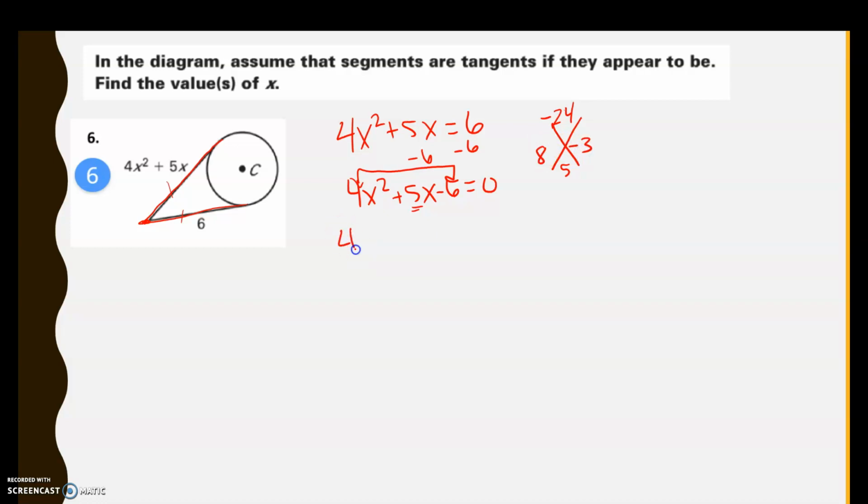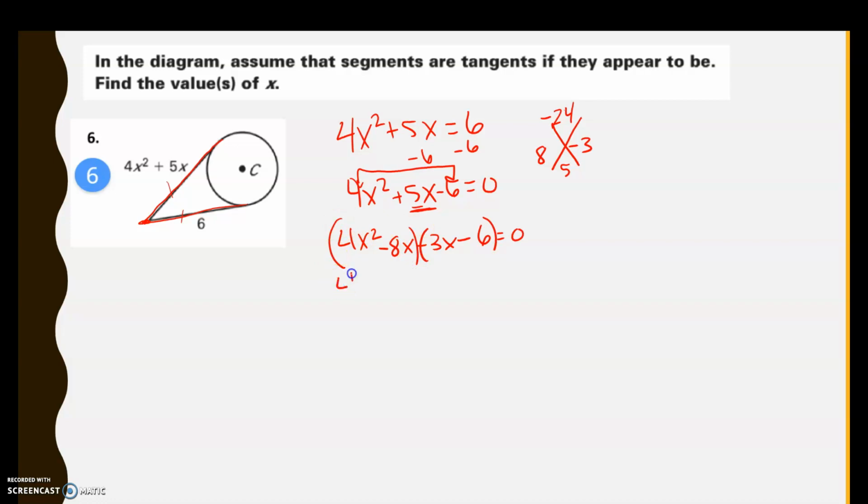So I'm going to rewrite this as 4x squared minus 6, and I'm going to replace this 5x using my two terms, my 8 and negative 3. So I'm going to get minus 8x minus 3x, all of this still equal to 0. And then I'm going to group these guys. What can I take out of 4x squared minus 8x?